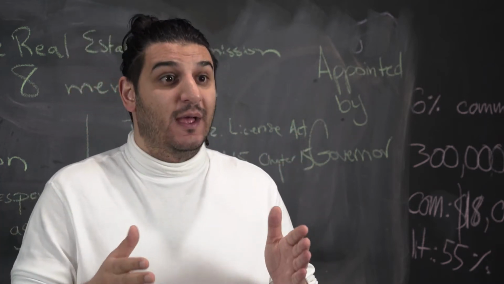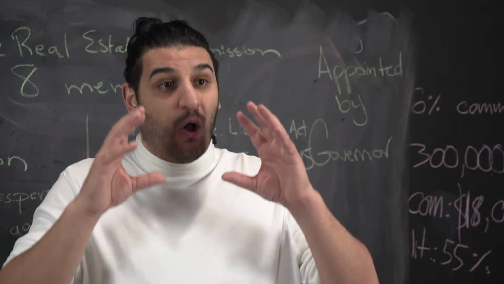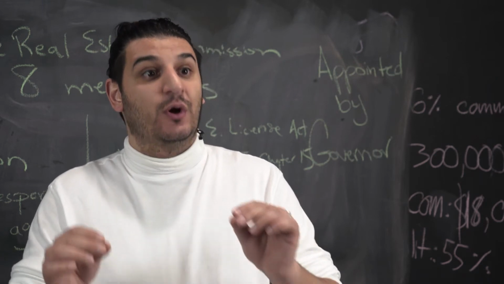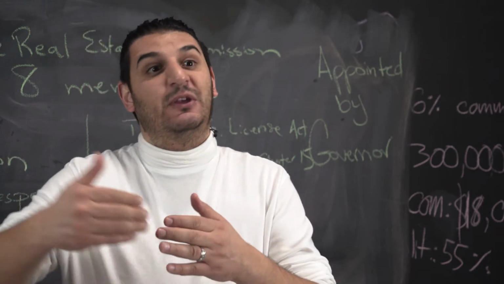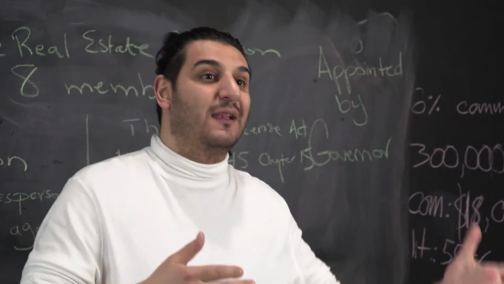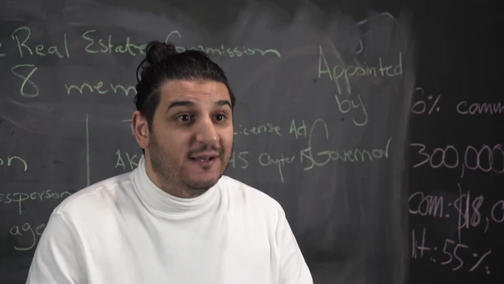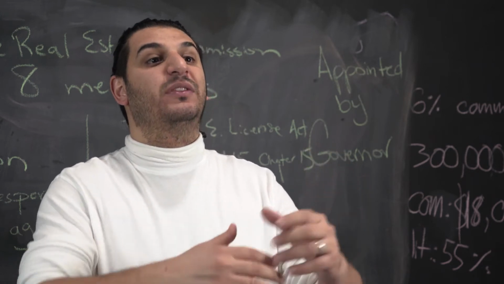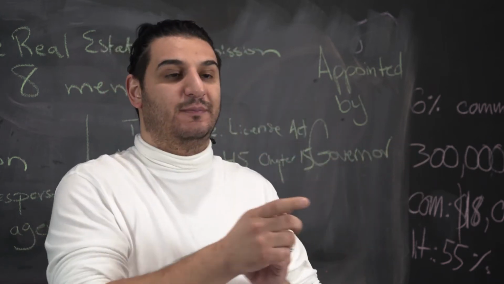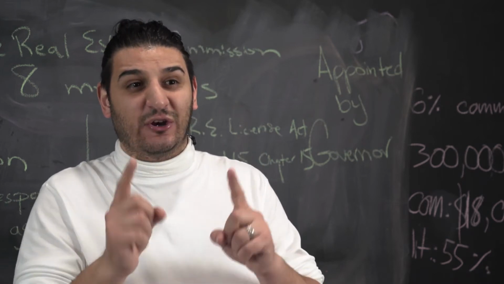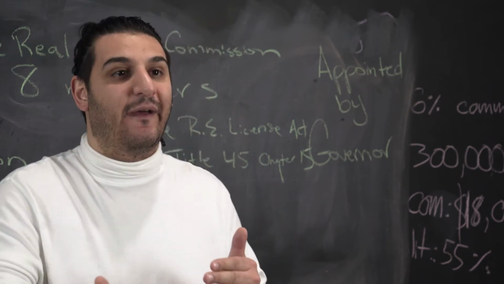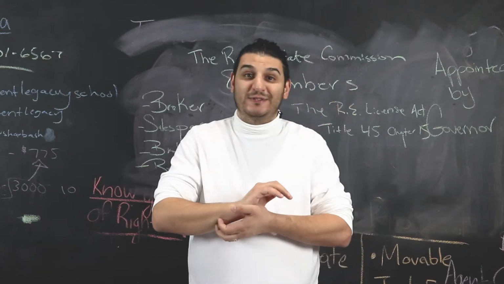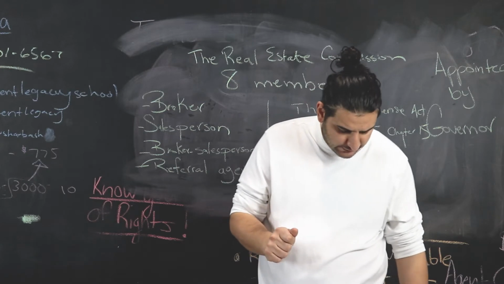For now, I want you to remember that although you owe fiduciary responsibilities to a principal, which could be a buyer you're working with or a seller that you're working with, you still have to act in good faith and honesty with the public, even if they're not your principal. Make sense? So if they're not your client, you still have to be fair in your business dealing. All right? That's potentially on your state exam, and that's why I'm highlighting it for you.